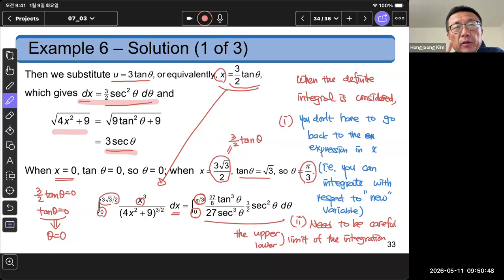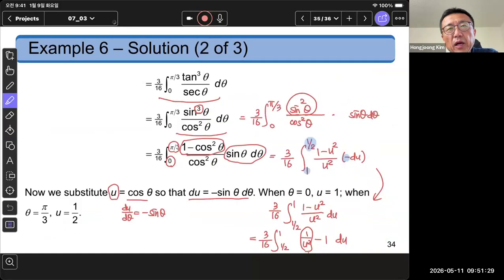And at that point, as I wrote down here, you need to change the upper and lower limits of the integration, because the initial upper and lower limits, 3 square root of 2 over 3 and 0, define the limits of the integration for the x variable, not theta. So with this new variable theta, I need to find the corresponding upper and lower limits of integration. But in this example, that was not the end.